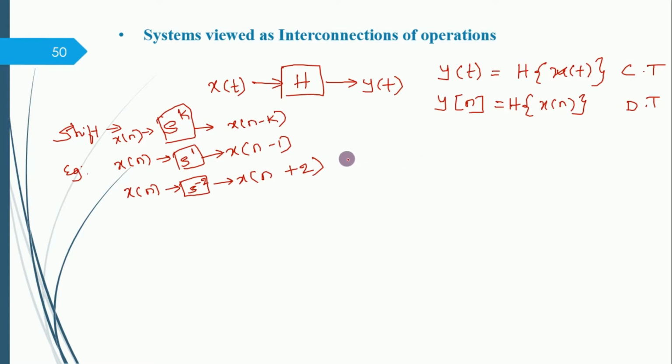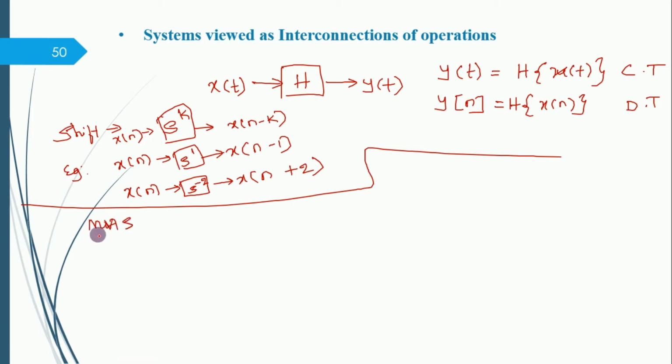Okay, now I'll take one example of a moving average system. y of n is equal to 1 by 3 times x of n plus x of n minus 1 plus x of n minus 2.